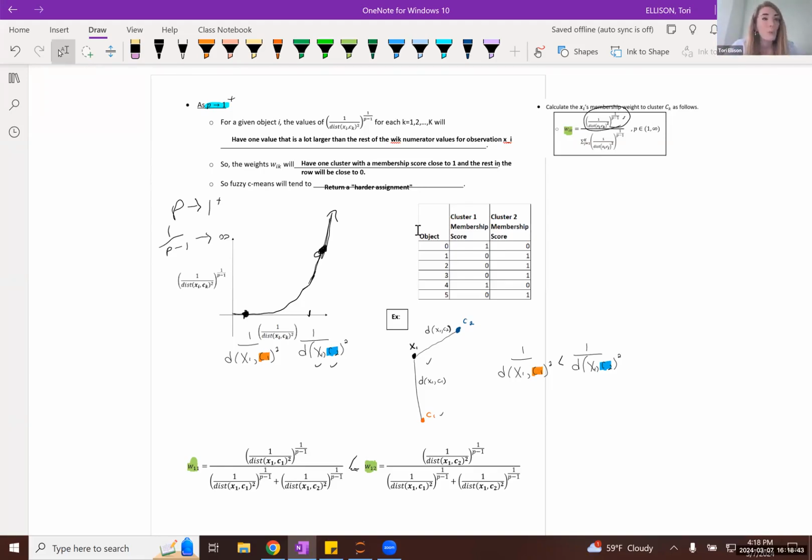So you kind of ended up wasting more time, if you will, running fuzzy c-means if you simply wanted a hard assignment. So this result will look like what k-means would return. But remember, k-means is more computationally efficient than fuzzy c-means. You've kind of wasted a little bit of time doing it this way.